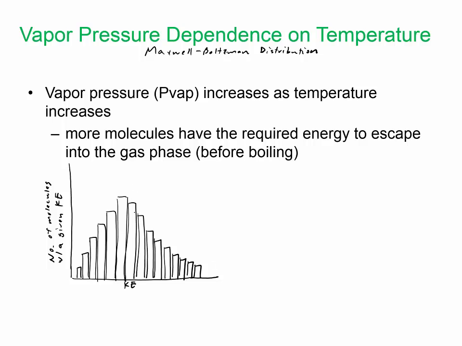An average thermometer will measure the average kinetic energy, which would be somewhere around here. So this is the KE average, and this is what your thermometer will pick up on. The point of this whole slide really is this. Let's just say for example that right here is the cutoff point.